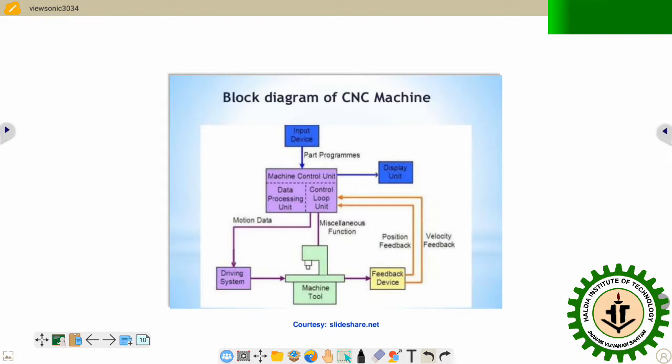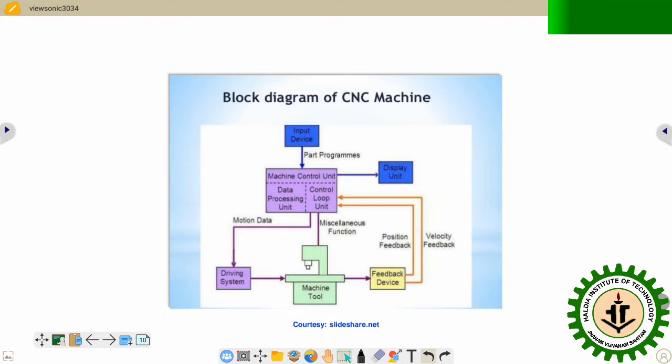This is the block diagram of the inside of the CNC machine tool. In the last class, in that block diagram, I had broadly shown the program input, the machine control unit, and the machine tool unit, without going into the details of the inside components. But this figure depicts the functioning and other key components within the system.